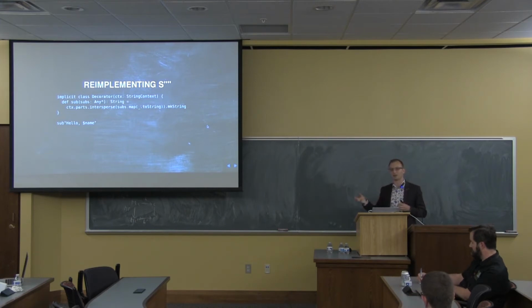I'll often refer to the unknown parts as holes, because at compile time they're nothing more than holes, and the fixed parts there. And we're going to call the intersperse method on that sequence and intersperse it with these strings from the substitutions, and we're going to join them all together.